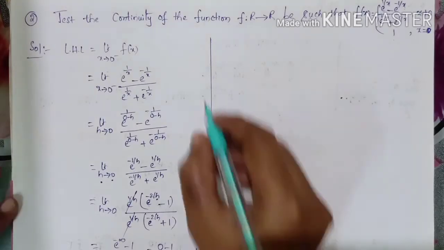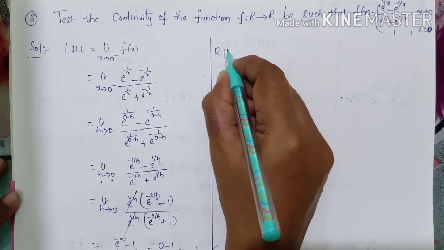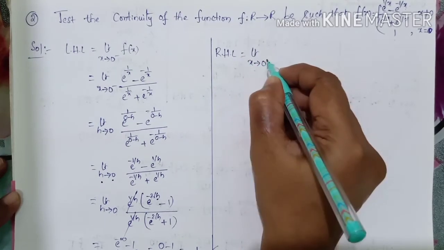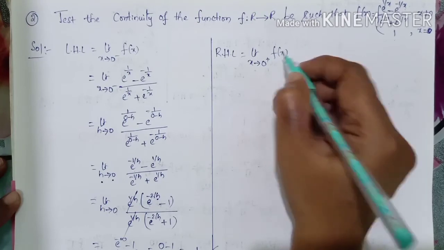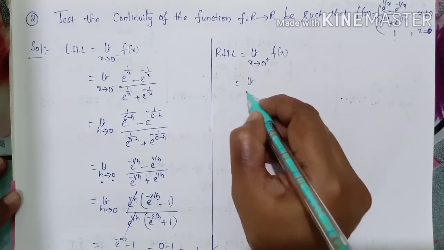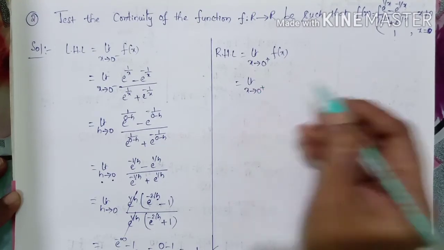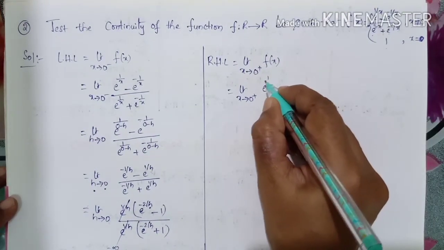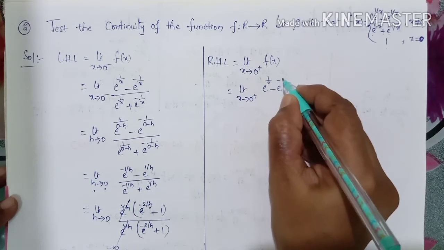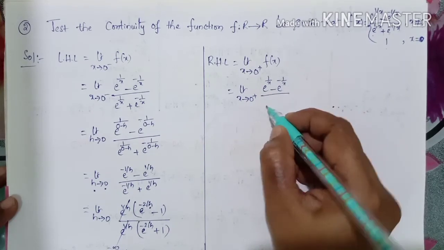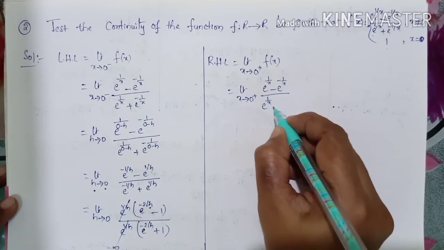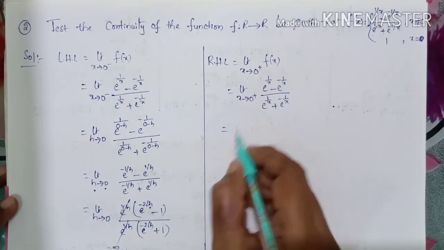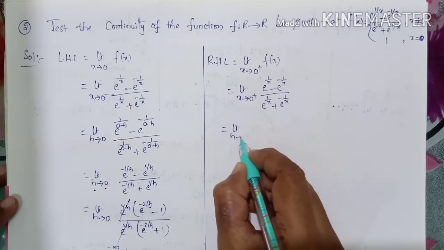In the same way, we'll solve the right-handed limit. Limit x tends to 0 plus f of x. Here f of x in the problem is (e power 1 by x minus e power minus 1 by x) by (e power 1 by x plus e power minus 1 by x). Now we replace x by 0 plus h as h tends to 0.